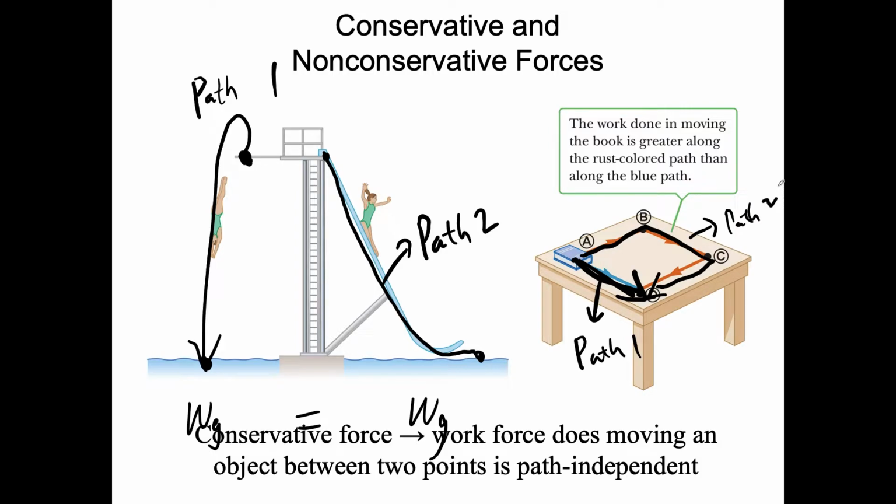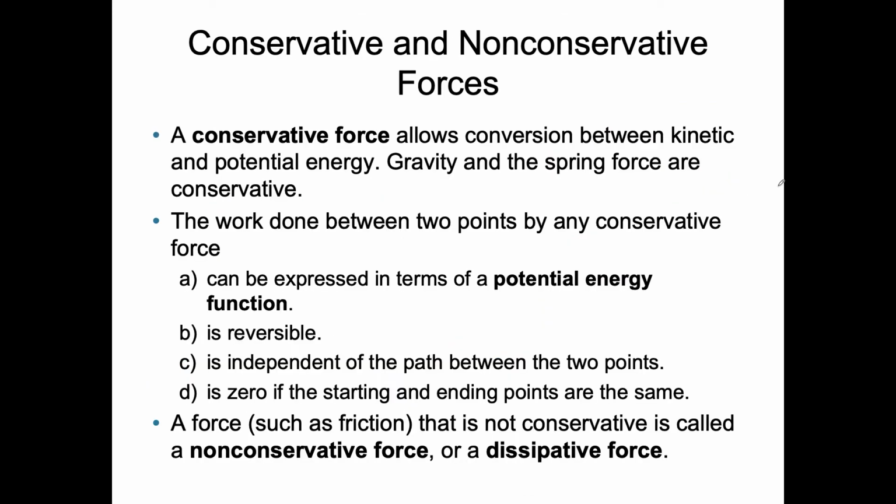So let's try to summarize. A conservative force is a force where the work done by the force is independent of the path taken. Apparently, the definition of a non-conservative force is that the work done by this force depends on the path that the object took.